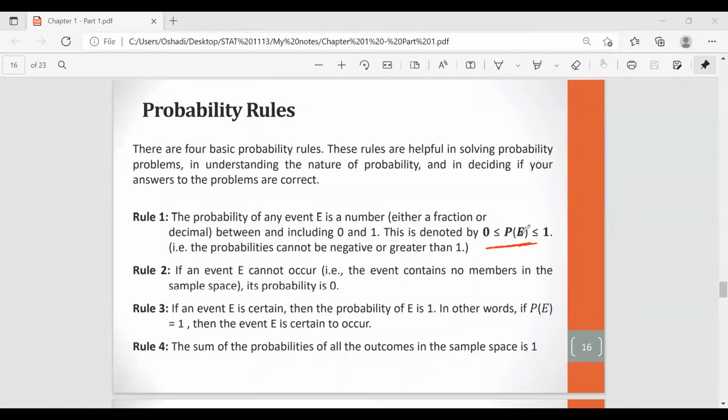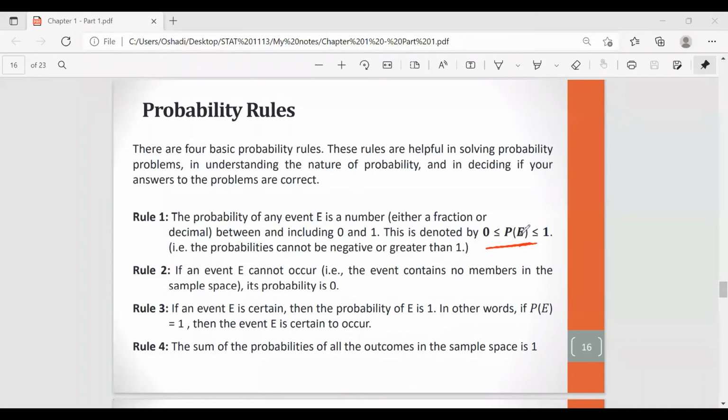So that is rule 1. If an event E cannot occur, that is, the event contains no members in the sample space, its probability is 0. If any event cannot occur, the probability of that event is 0. If an event is certain, you are 100% sure, like when we say we are 100% sure that he will do these things and those things.